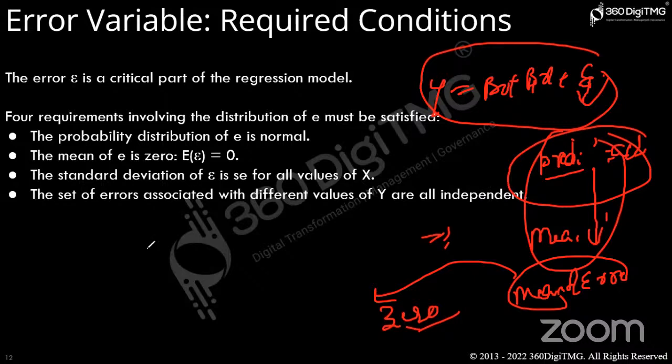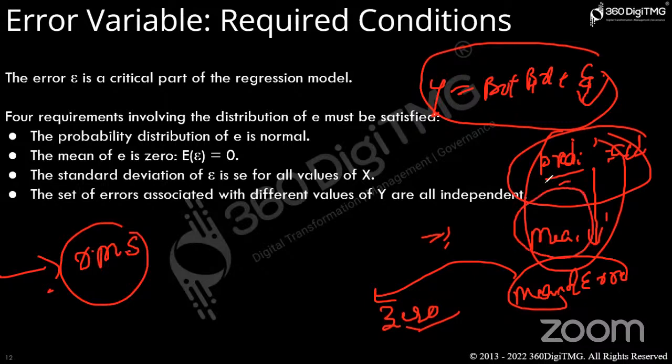In that case, what we have to do is go for root mean square. So instead of simply considering the mean, we are squaring the difference or the error and then combining it.